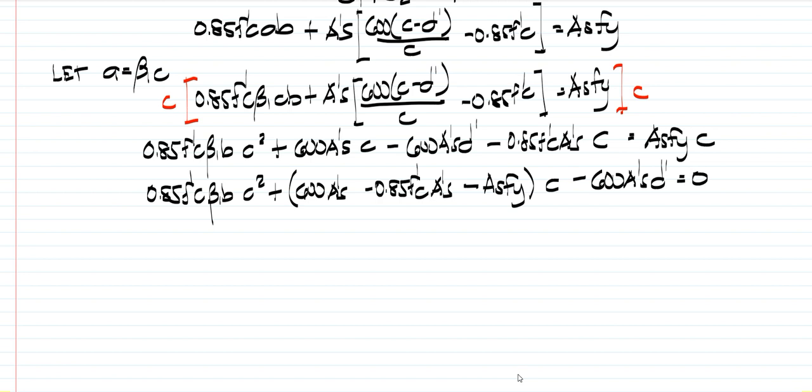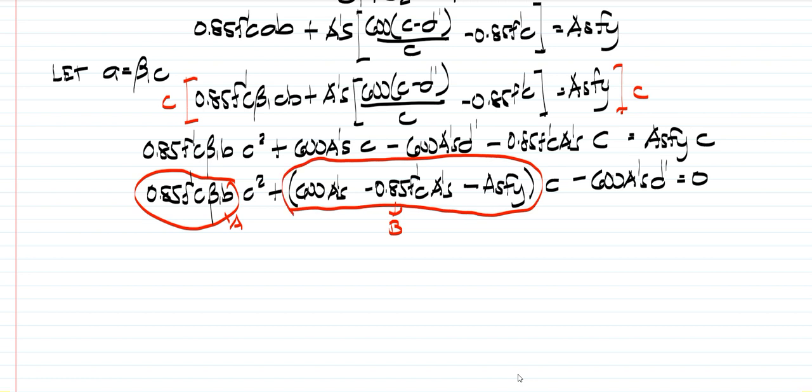Now, of course, we can say that this part is a, this whole term will be b, and this will be c. So, let's get the a value.